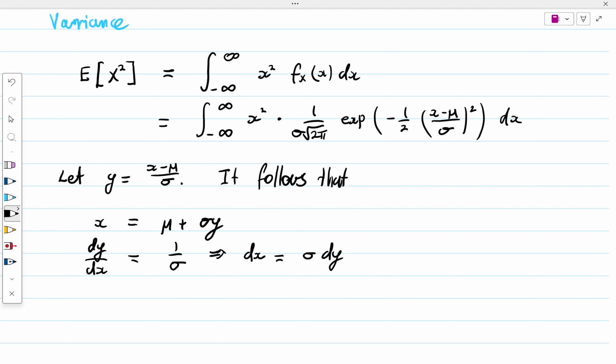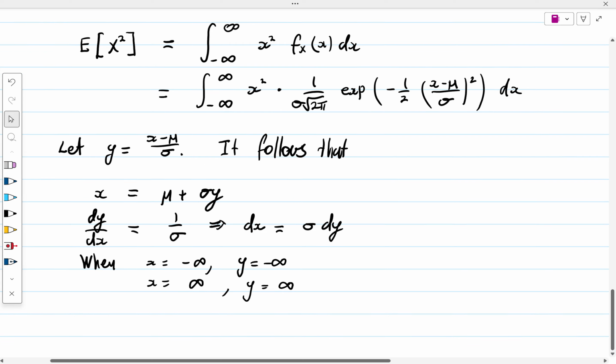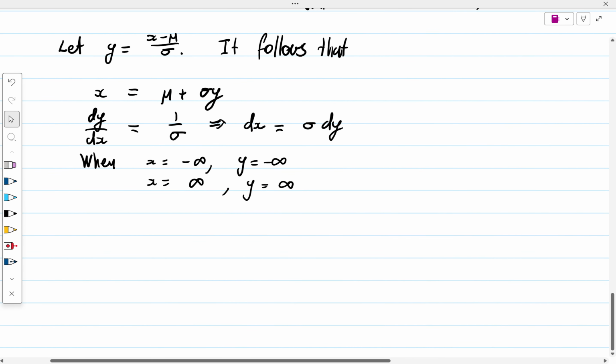And of course, we know when x is equal to negative infinity, y is equal to negative infinity, and when x equals positive infinity, y is equal to infinity, as we established before.